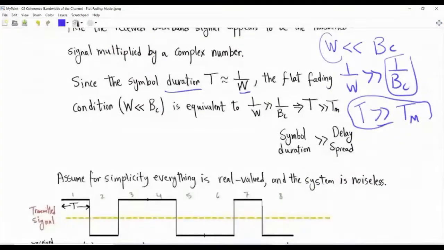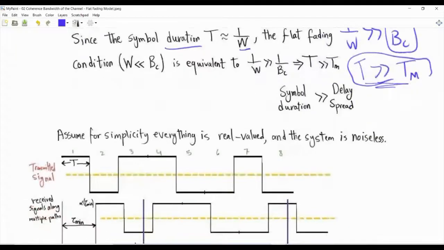To have an intuitive feeling, or some visualization of what's going on, let's show this case. I will assume that you transmit baseband signals that are just rectangular, bipolar pulses, and that everything is real valued.